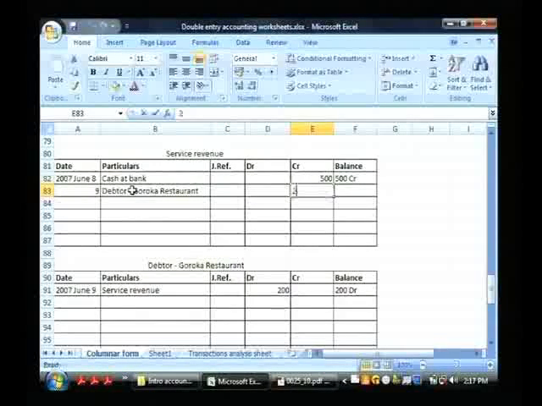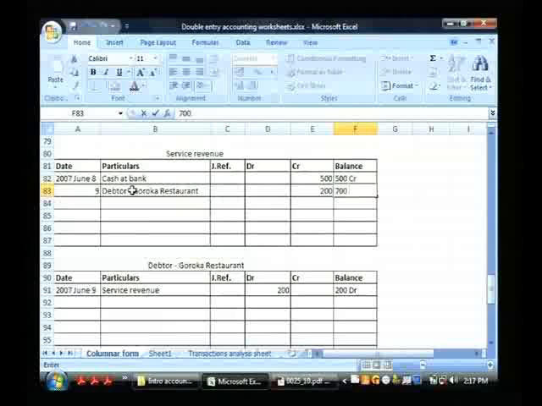Credit 200, credit 500, opening balance, and another 200 is added. Therefore, balance is now credit 700. 10th, paid rent. Double entries are cash at bank debit and rent expense credit. Rent expense debit and cash at bank credit.